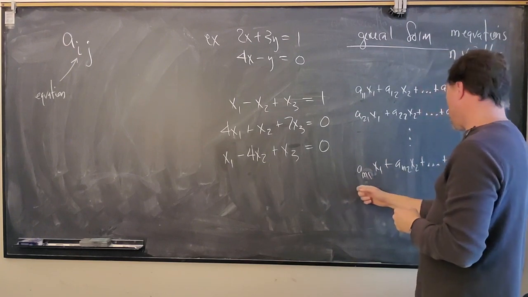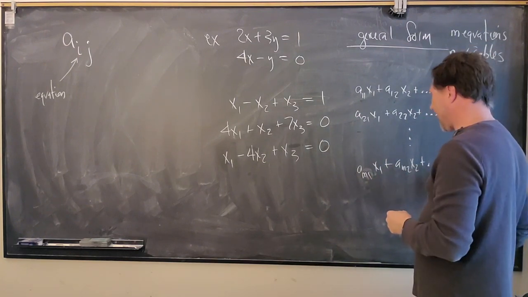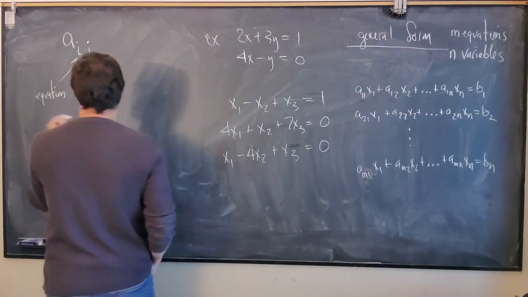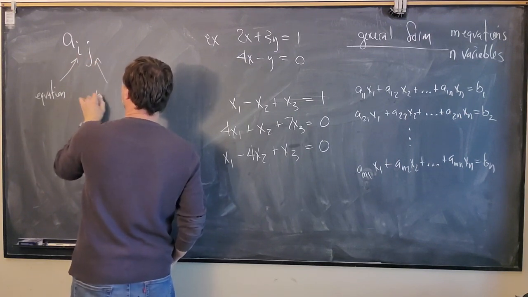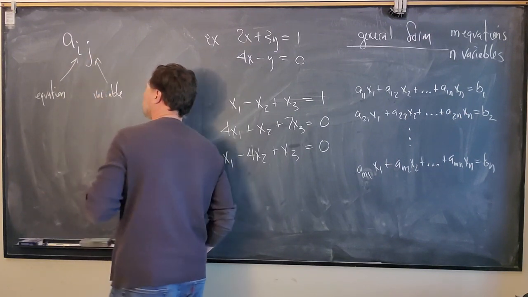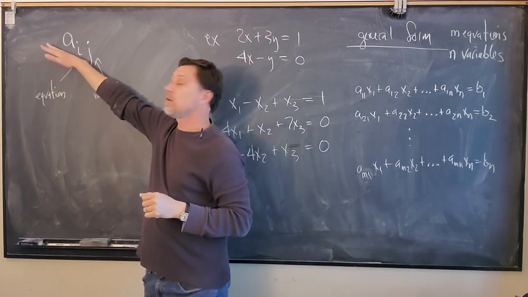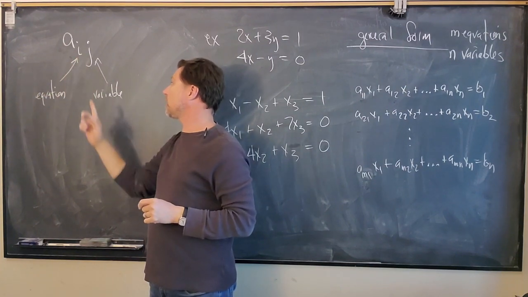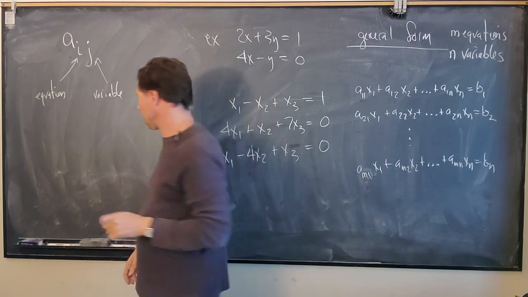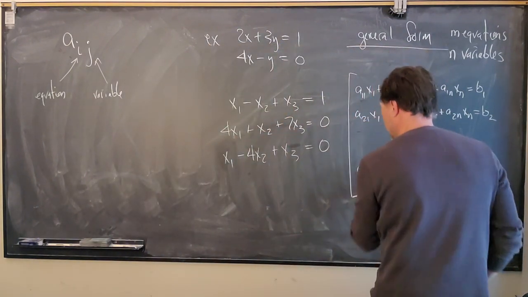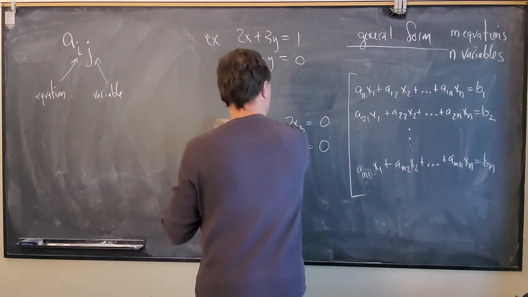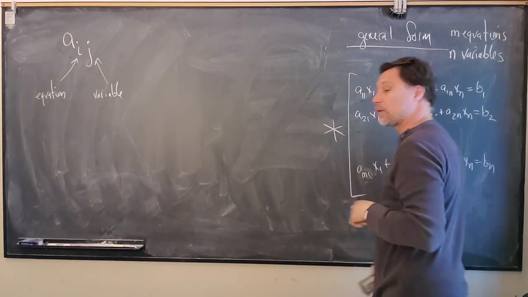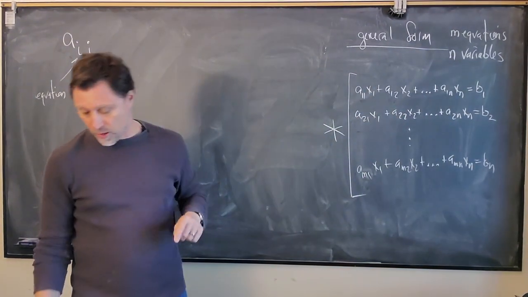In the mth equation, the first subscript is an m. The second one tells you which position or which variable it's attached to. So then this coefficient right here would appear in the ith equation in the jth position. Right, so this right here is the generic form for a linear system, and to avoid having to write it constantly, I'll put a star here. When I refer to star, I'm referring to that linear system right there.